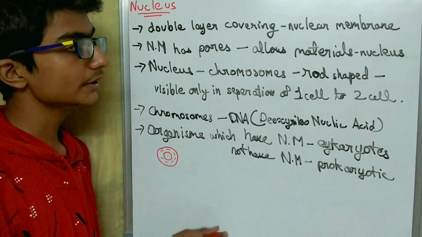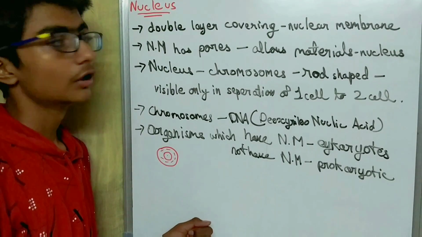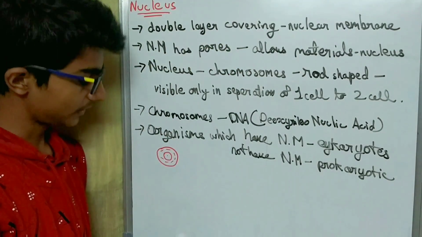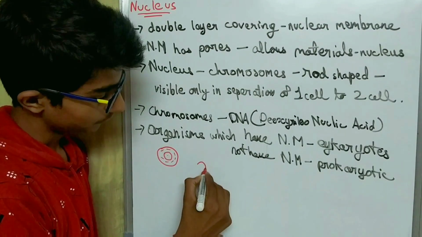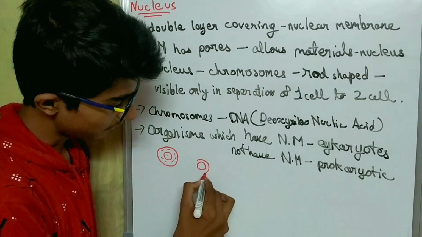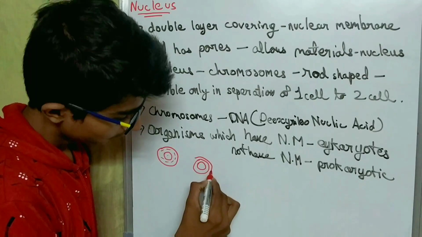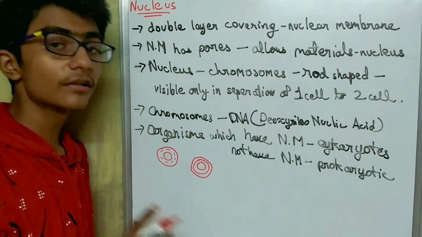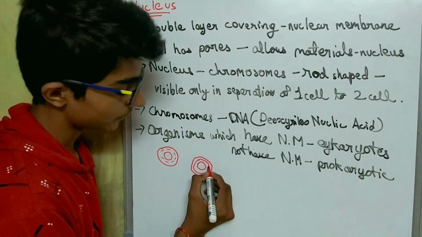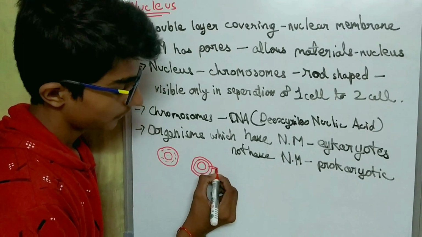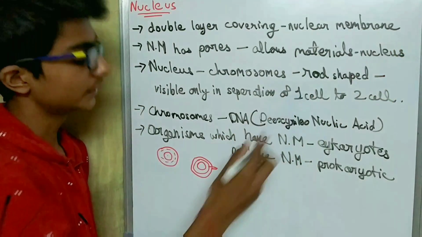So now nucleus also has a double layer covering. See, this is a nucleus and it has a double layer covering. These are not two different coverings. This is just a single covering which is called nuclear membrane.